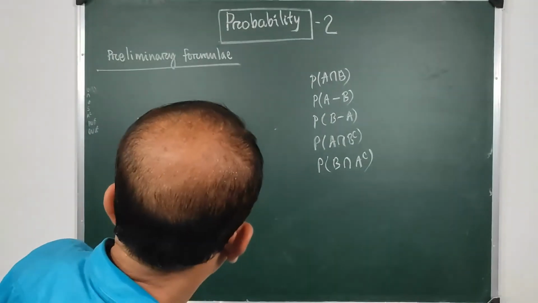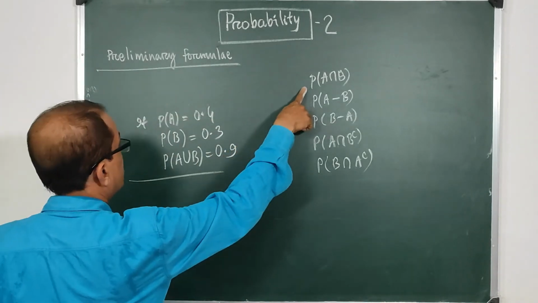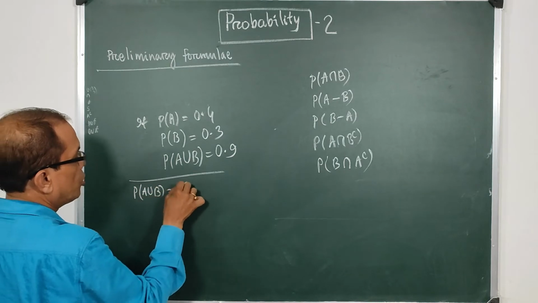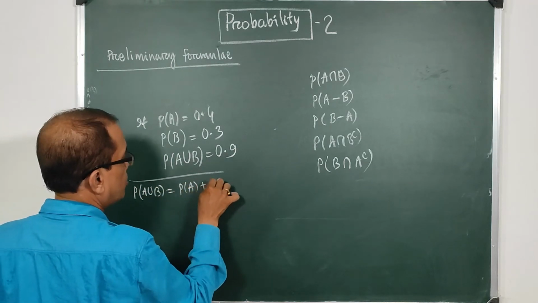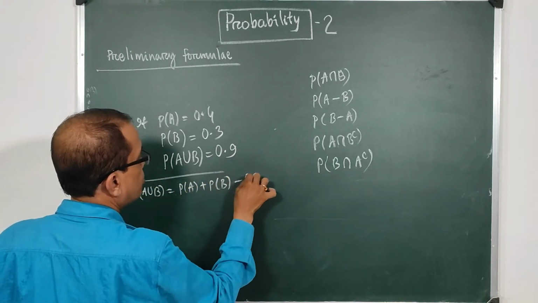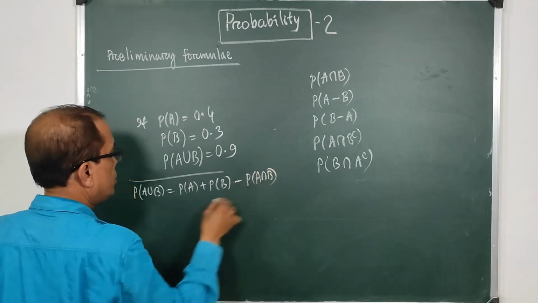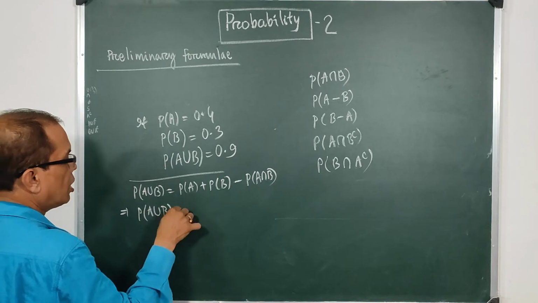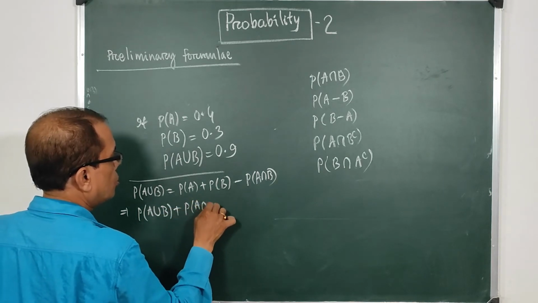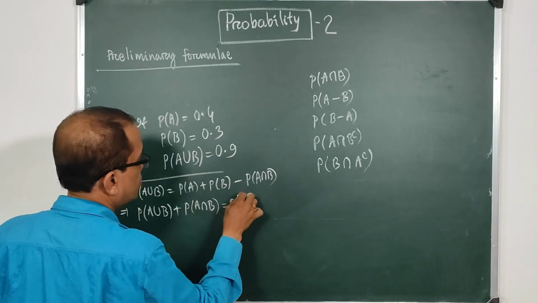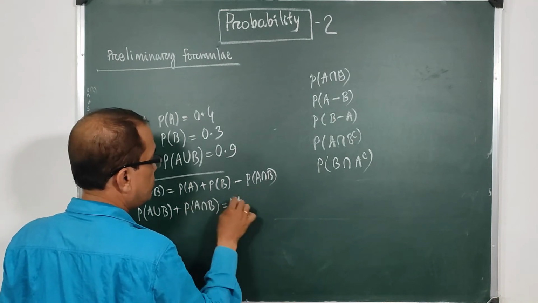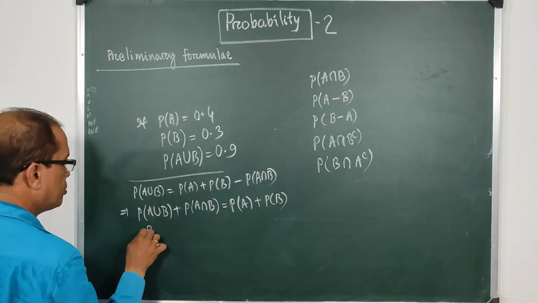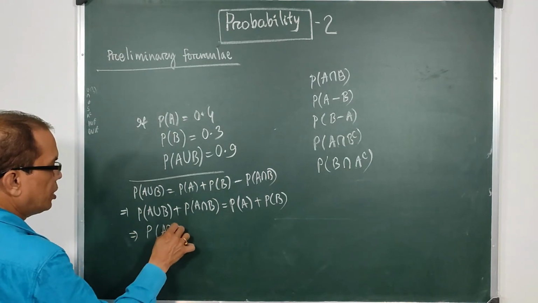So for this you need to find P of A intersection B. We know that P of A union B is equal to P of A plus P of B minus P of A intersection B, which implies that the sum of P of A union B and P of A intersection B should be equal to P of A plus P of B. So how much is P of A intersection B?